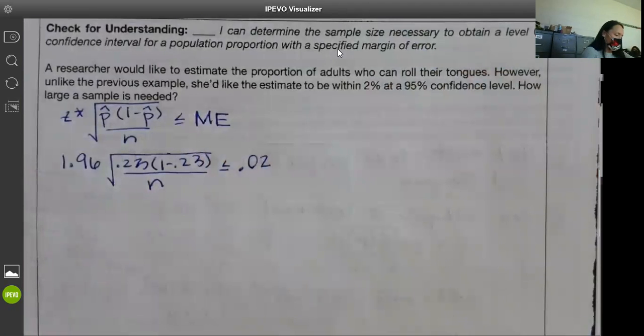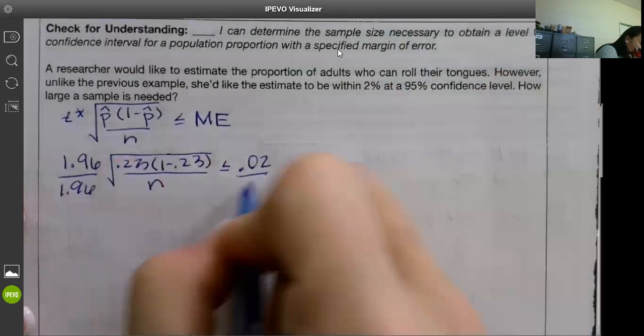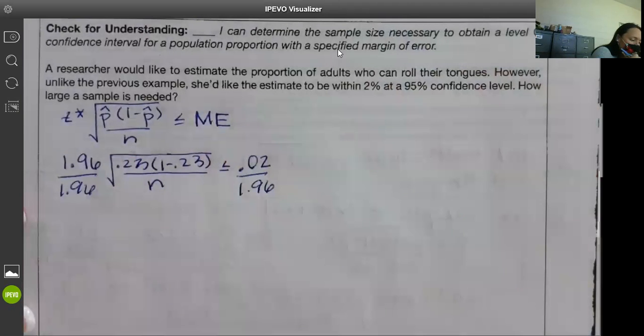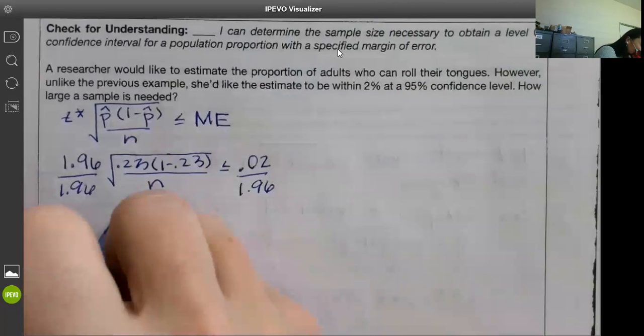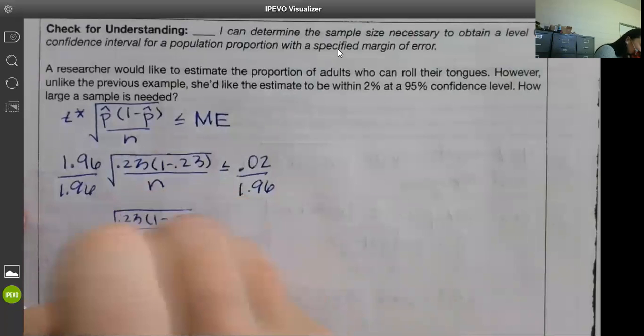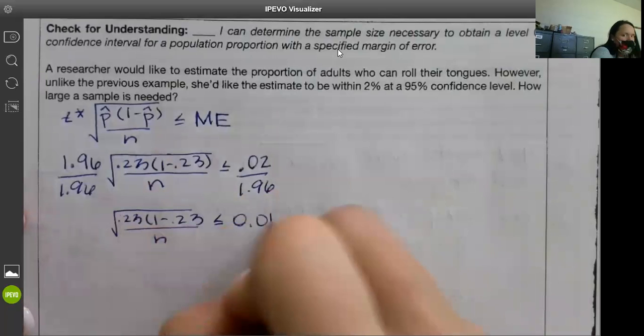How do I solve? No, because you're doing plus or minus 0.02. You're good. All right, so we get the square root of 0.23 times (1 minus 0.23) over N less than or equal to, I'm going to tell you that this is 0.0102.